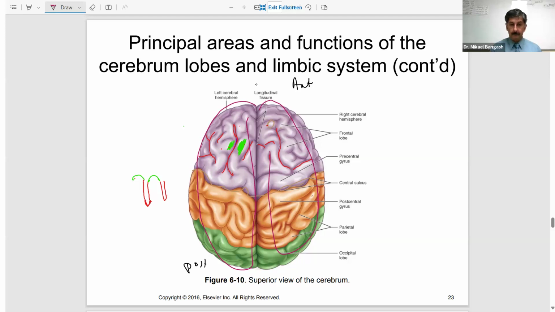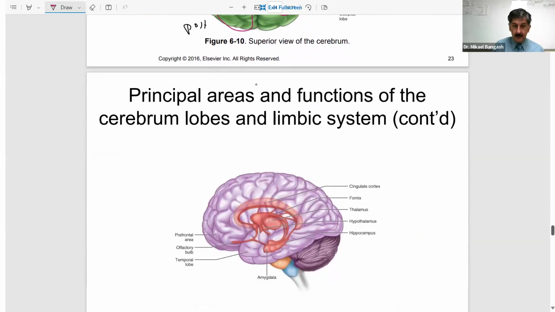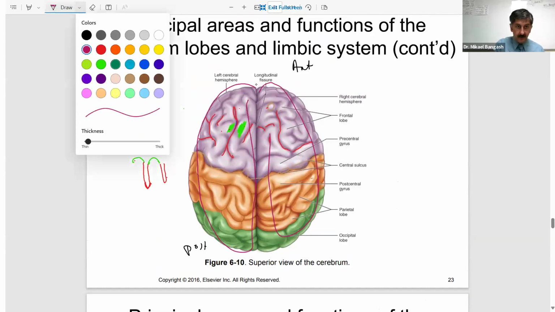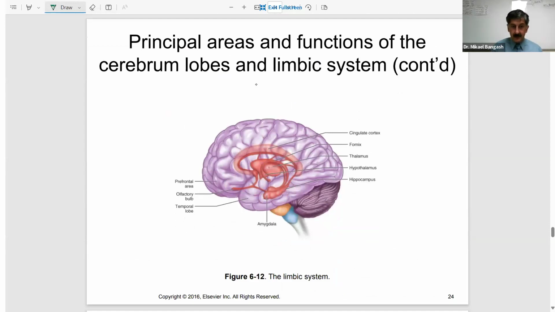Now, guys, if we look in between the two cerebral hemispheres, or if we look at the medial side of the cerebral hemispheres, somewhere here, in this area here, it's going to be a body that we mainly will call the corpus callosum.